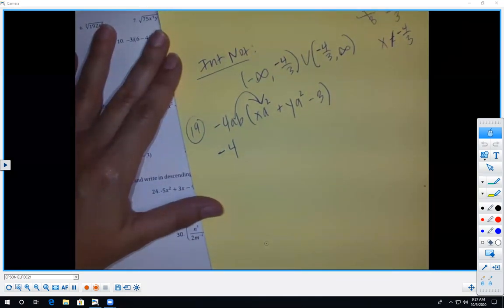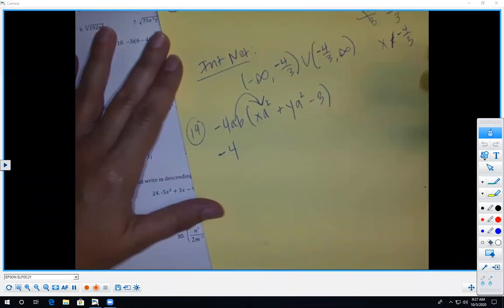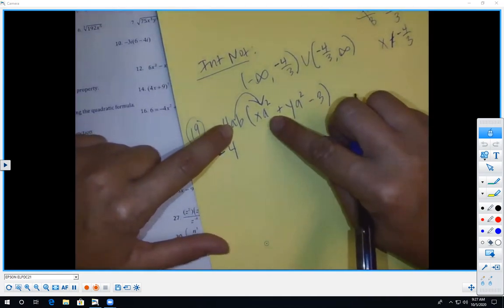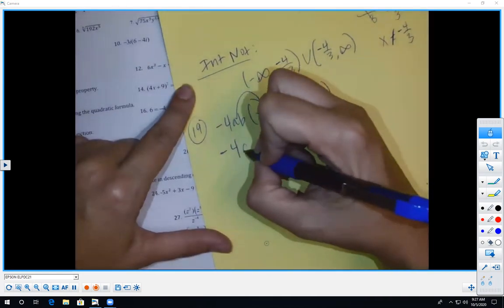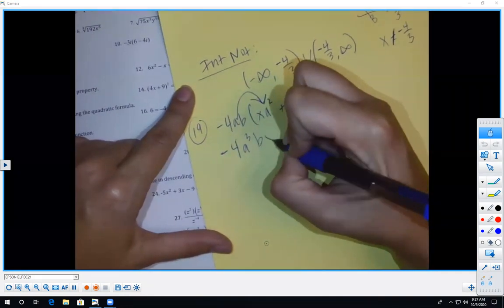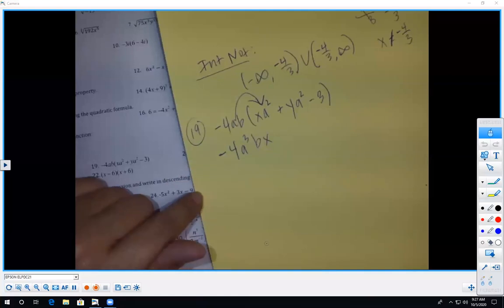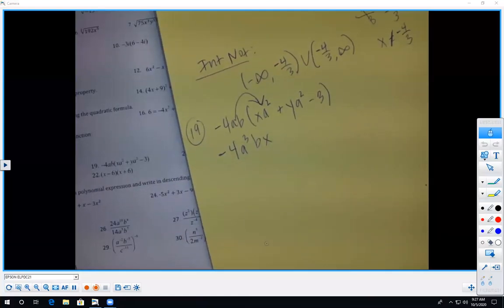You got 3 letters there, so whatever order you want to put them in. A times a squared is a to the 3rd, and then b and x. Again, you could put b x a cubed. It doesn't matter what order you put it in. Just make sure you have all 3 of those letters.